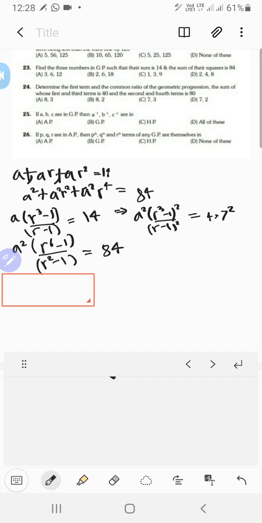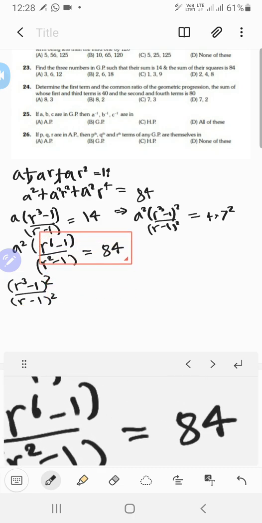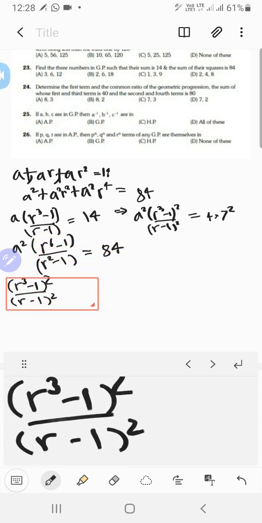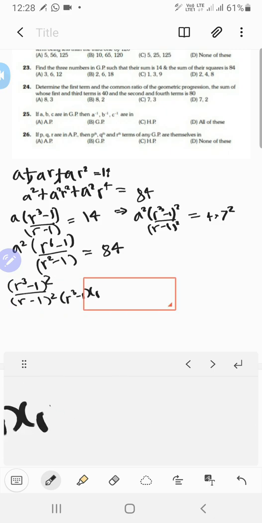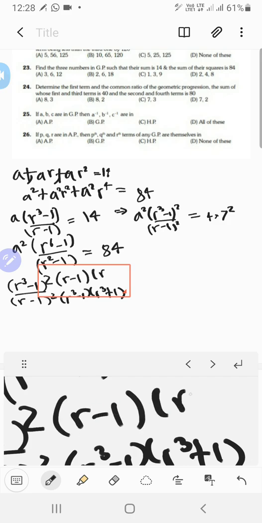So you would get r cubed minus 1 whole squared upon r minus 1 squared, divided by this thing. I'm going to write r to the 6th minus 1 as r to the 3rd minus 1 into r to the 3rd plus 1, so that we can simplify some of the terms. Similarly, I'm going to write r squared minus 1 as r minus 1 into r plus 1.